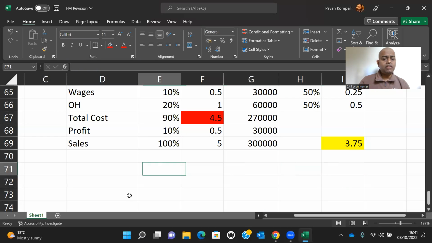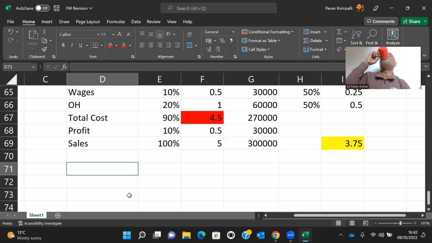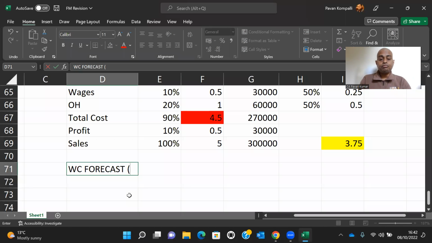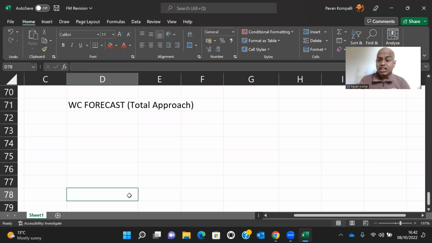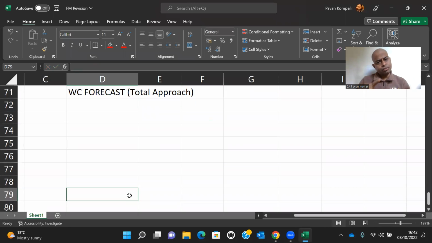So shall we continue? Put the heading working capital forecast. In brackets, total approach. There are two approaches. One is called total approach. One is called cash cost approach. Next problem, cash cost approach. If you understand both total approach and cash cost approach, the chapter is over.